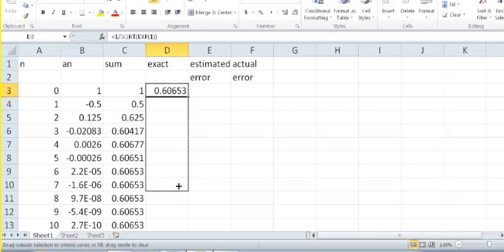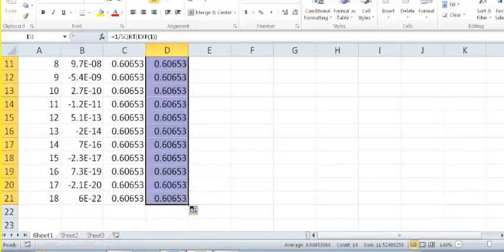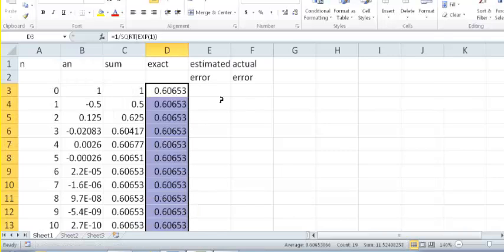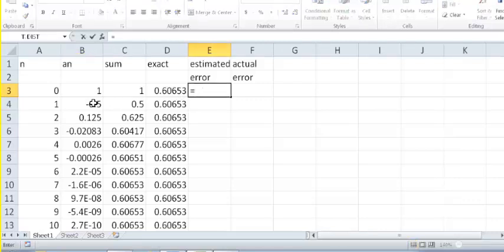So we'll just copy that all the way down. And so the estimated error is, what you do is take the term here, and so the estimated error for this one is this second term here.